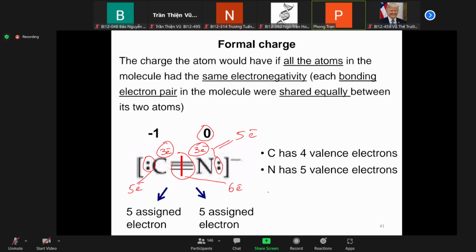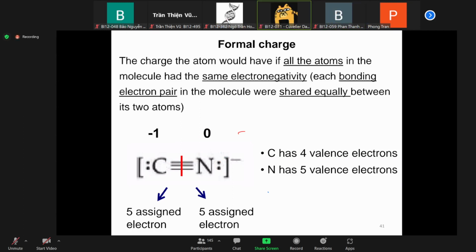So the formal charge would be -1, representing 1 excess electron. Is it clear to you guys how we can calculate the formal charge? Yes or no? Yep. Okay, thank you.